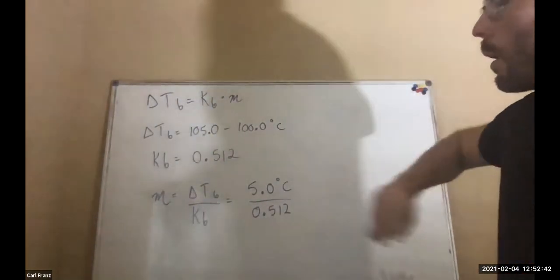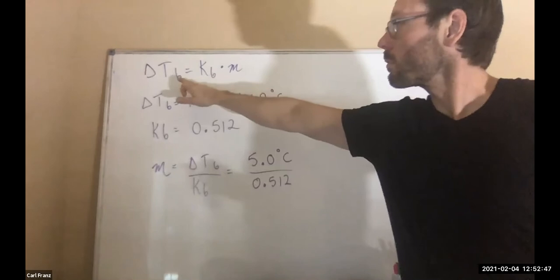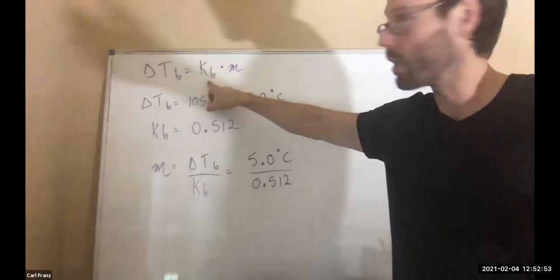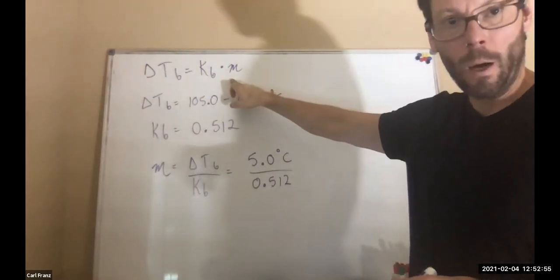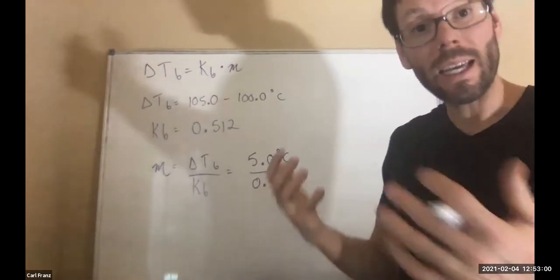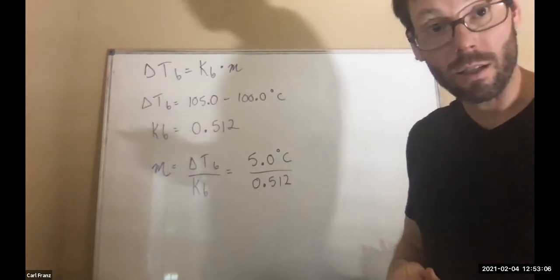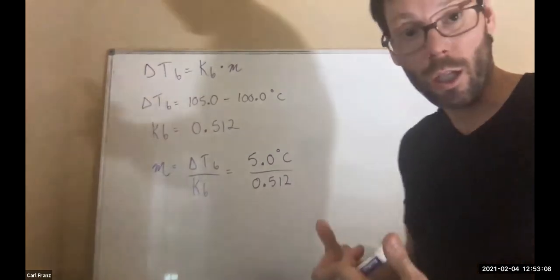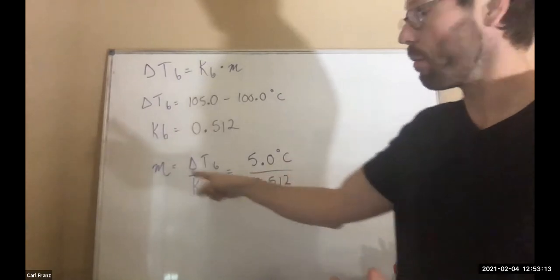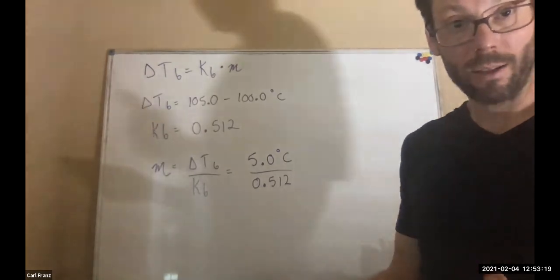Okay. So as we said, change in boiling point is equal to this constant of the substance times the molality. We're asked for the mass, okay? It doesn't give us the mass, but we can get to the mass by finding the molality because they give us the change in temperature. We can look up the constant, the K, find the molality, and then once we find the molality, we can convert that back into mass, okay?